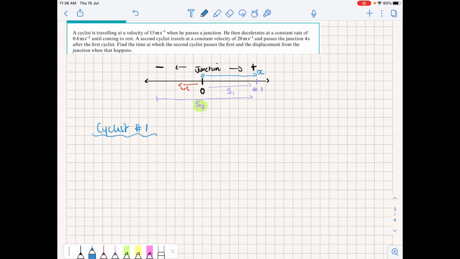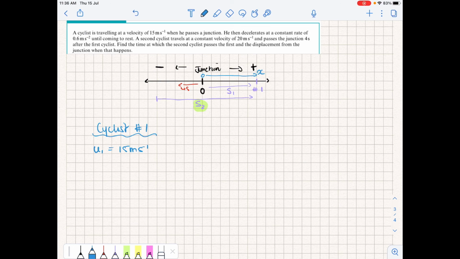Let's list the information that we want and the information that we're given. Okay, we are given the fact that the cyclist is traveling at an initial velocity of 15 meters per second. And I'm going to notate everything that has to do with the first cyclist as number 1.